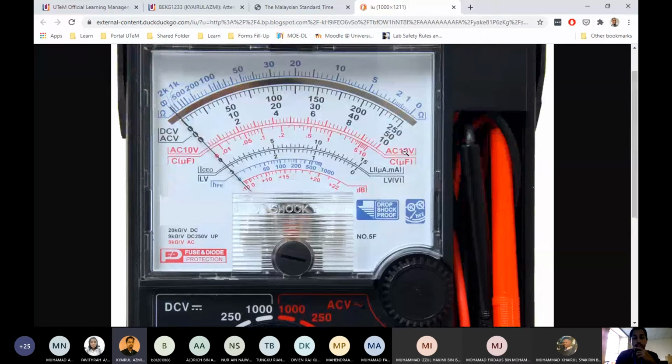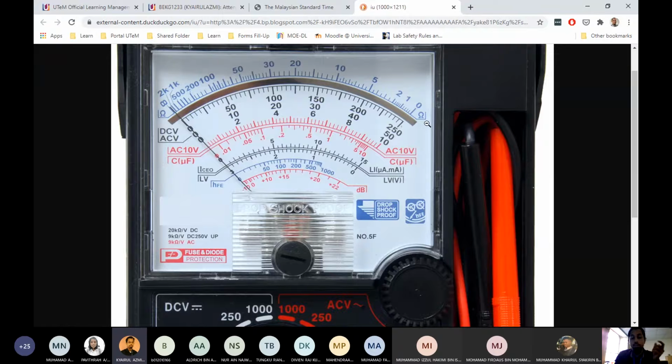So it refers to the top scale here. For the DC and AC, the starting point 0 is measured from the left hand side to the right. So the higher the magnitude, the needle will move towards the right. But for resistance it is the opposite. When you set to resistance, the needle will start here at 0 ohms. So the top scale here.